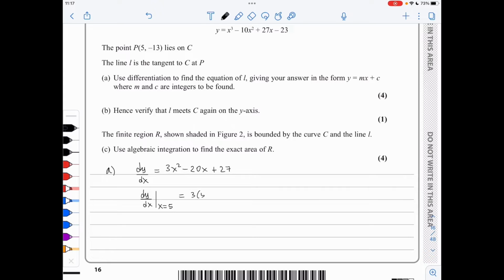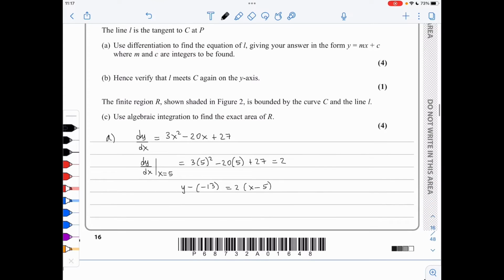So it's 3 times 5 squared minus 20 times 5 plus 27, which gives an answer of 2. So to find the equation of the tangent, we use y minus y1 is m(x minus x1). I still need to expand and make y the subject, so y plus 13 is 2x minus 10, leading to y being 2x minus 23.